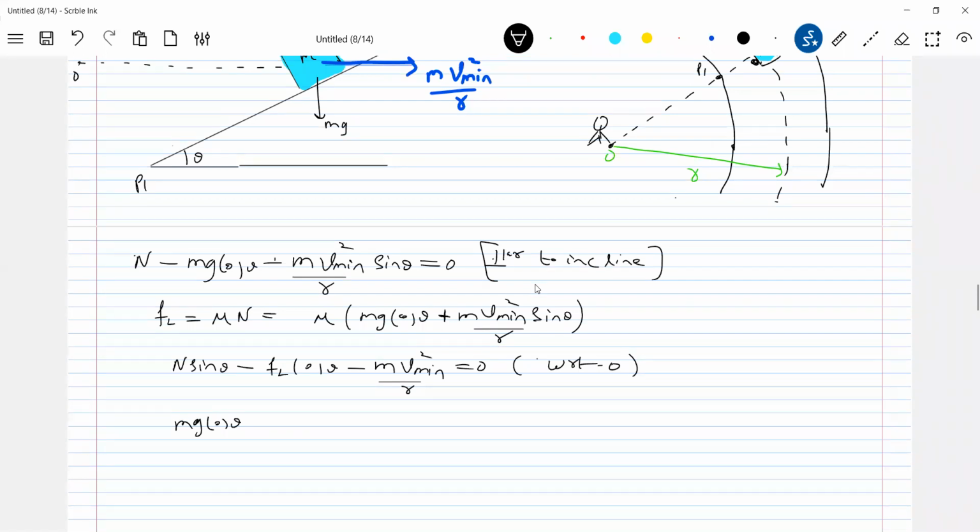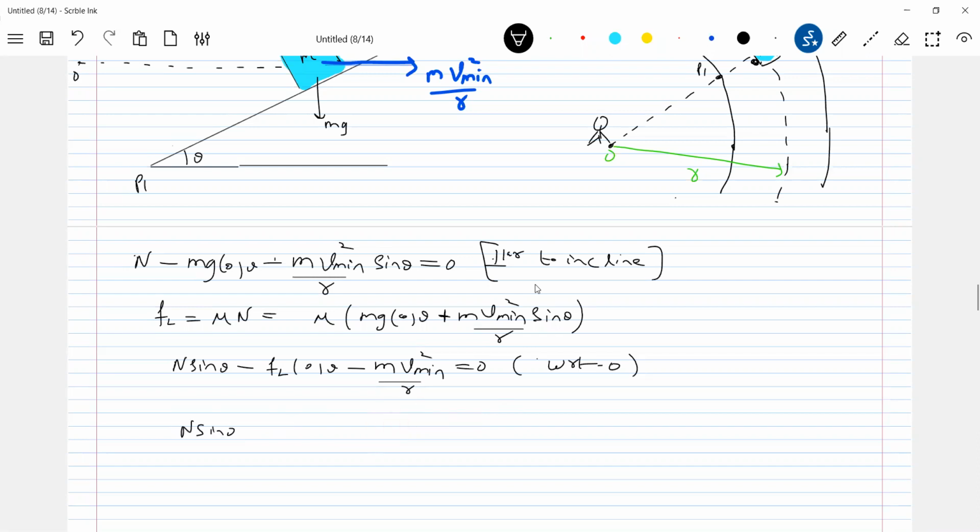Okay, thank you. Yeah. This N is equal to mg cos theta plus this, sin theta. So this should be FL is equal to again mu N. Okay, I'll do one thing. Let me substitute mu there, then I'll simplify.